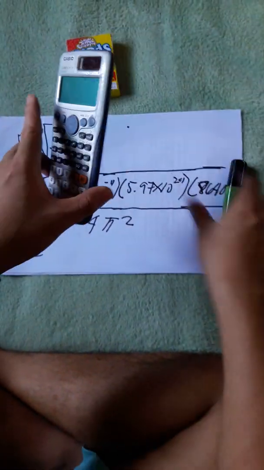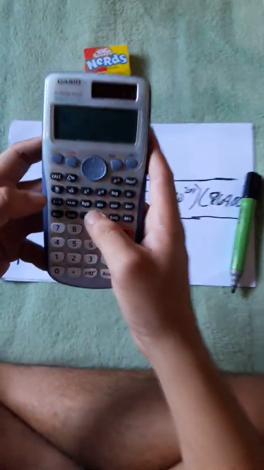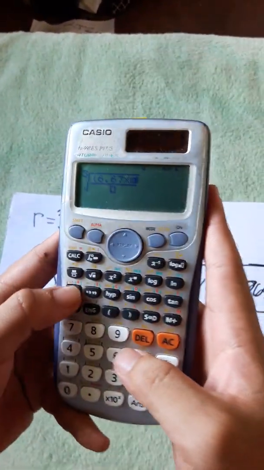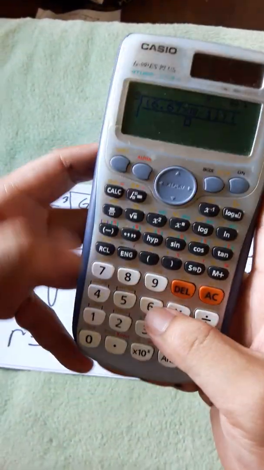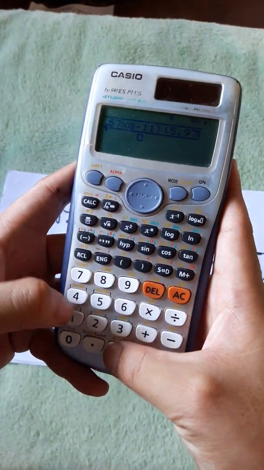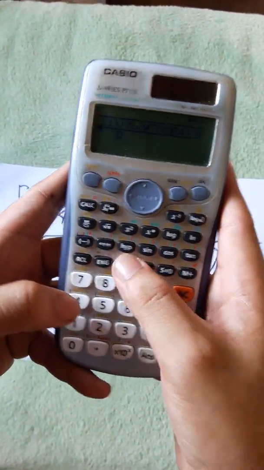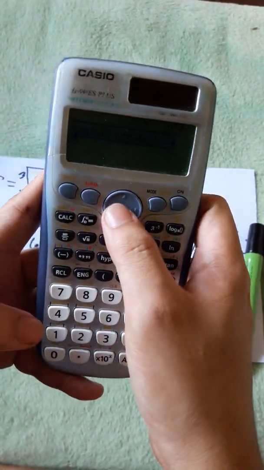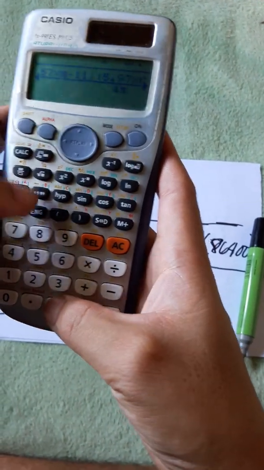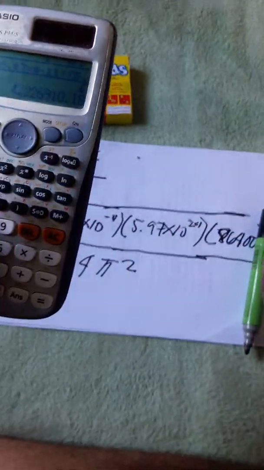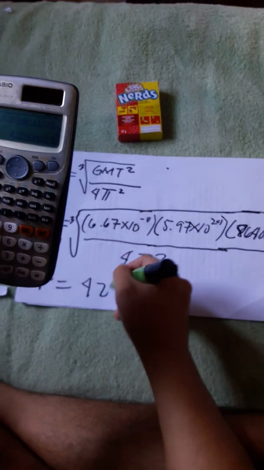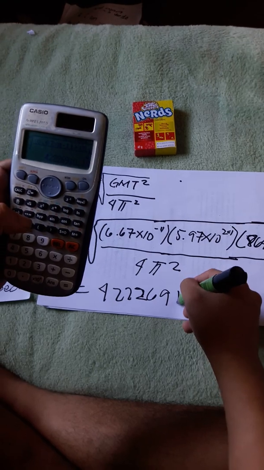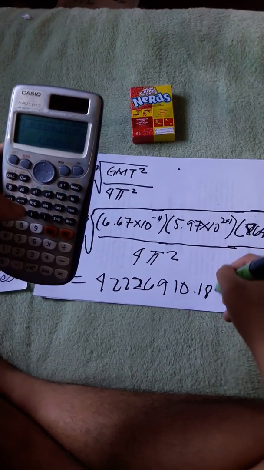So if we calculate this, we have 6.67 times 10 to the negative 11 times 5.97 times 10 to the 24 times 8,600 squared over 4 pi squared. And this is 42226,910.18 meters.